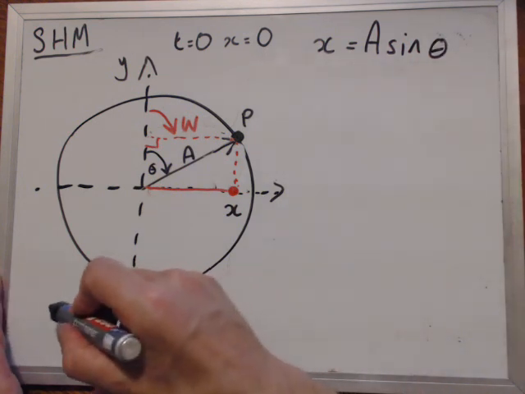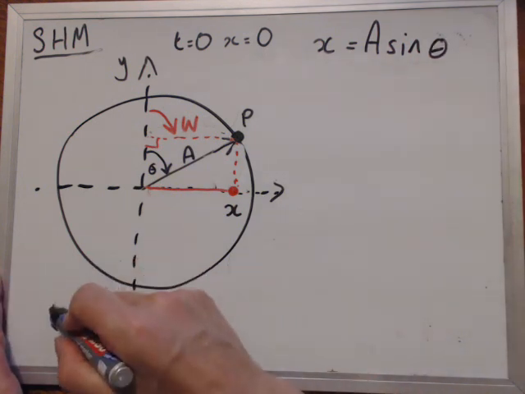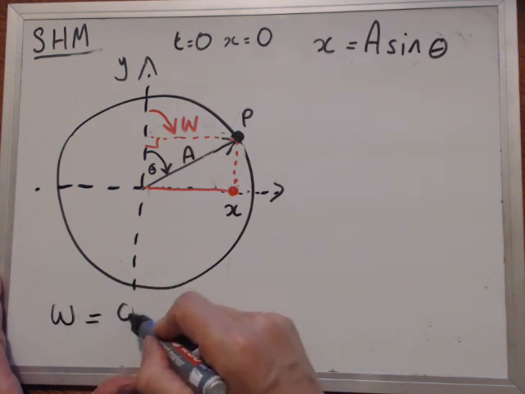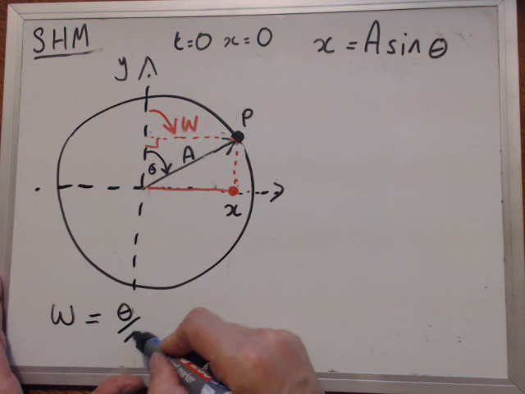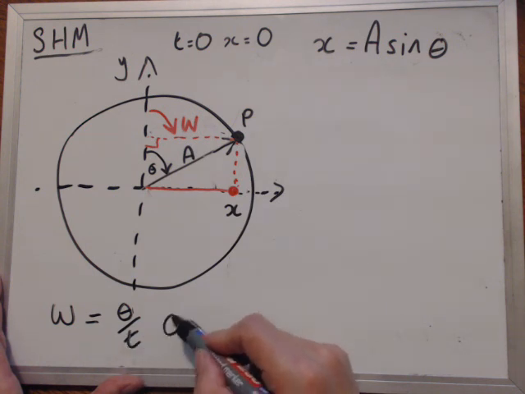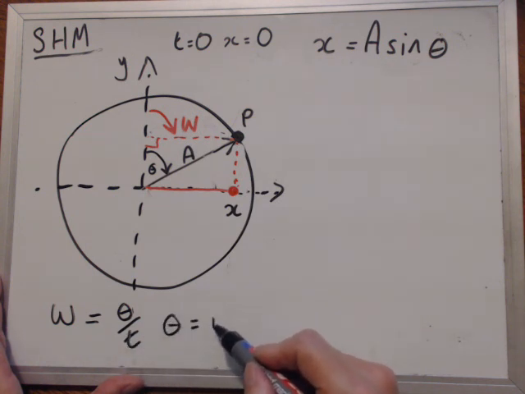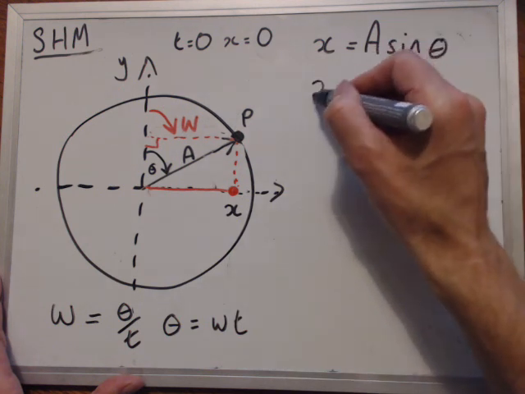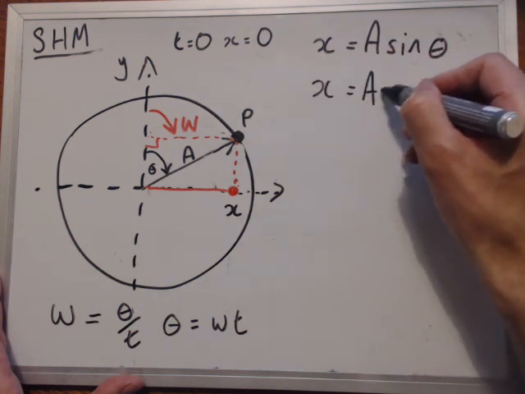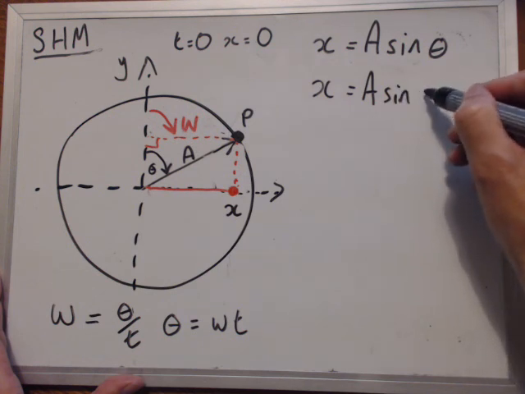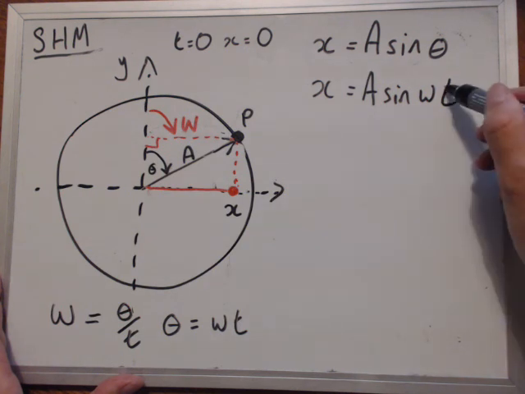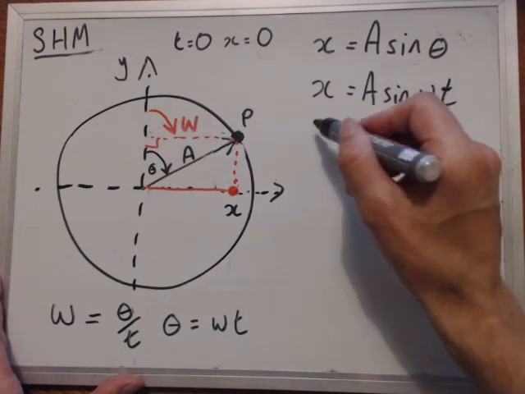Now, the angular velocity omega is equal to the change in theta over time. Therefore, the angle theta can be written as omega t. So we're going to rewrite this equation: x equals A sine omega t. We're then going to differentiate it to find the velocity.